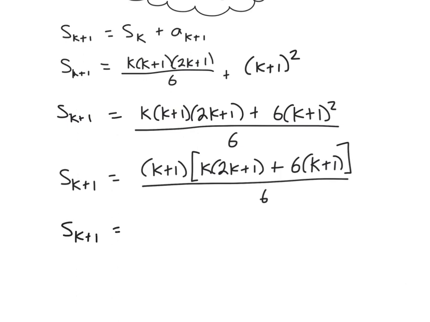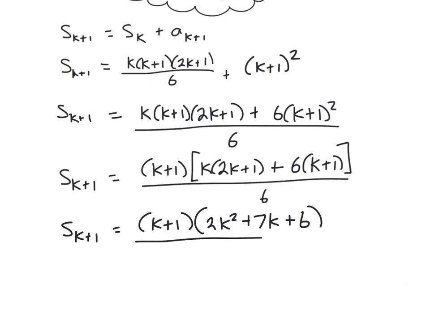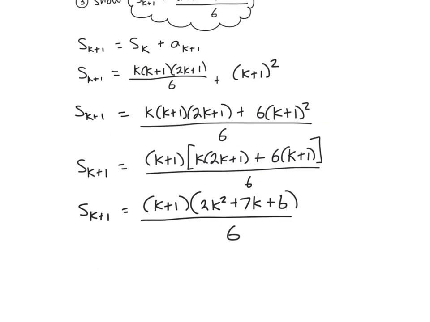So when I do that, I have (k+1) times (2k² + 7k + 6). So I have k here plus 6k here, and then I have plus 6. And now this, I can take one more step and I can factor it.